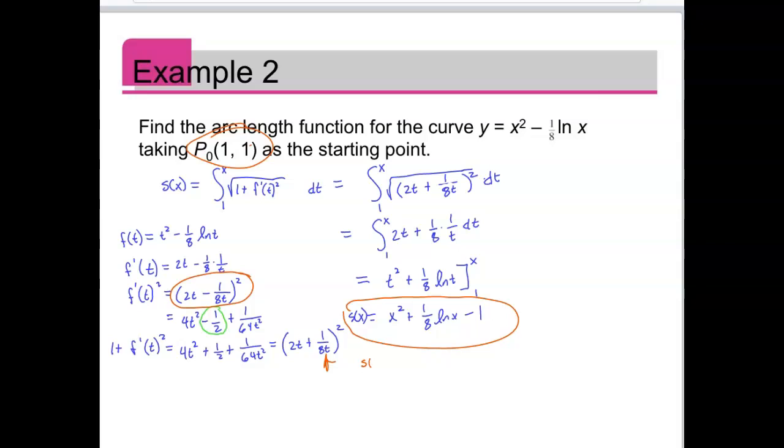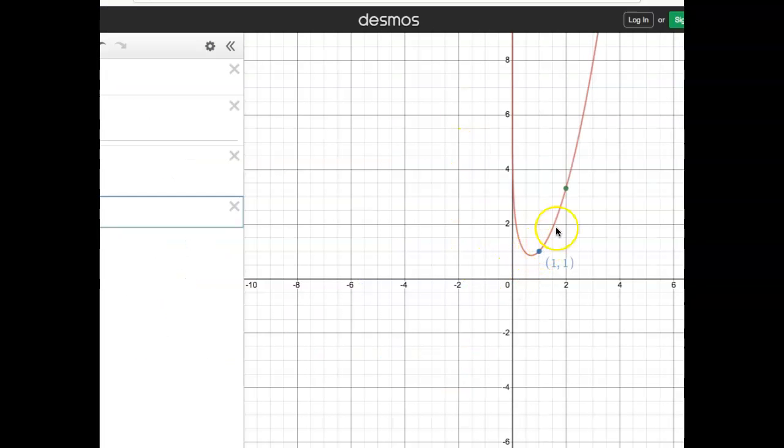For example, s of 2 would be 4 plus 1/8 natural log 2 minus 1, which is 3 plus 1/8 natural log 2, about 3.09. And that's just the distance, like I said, between those 2 points along that curve.